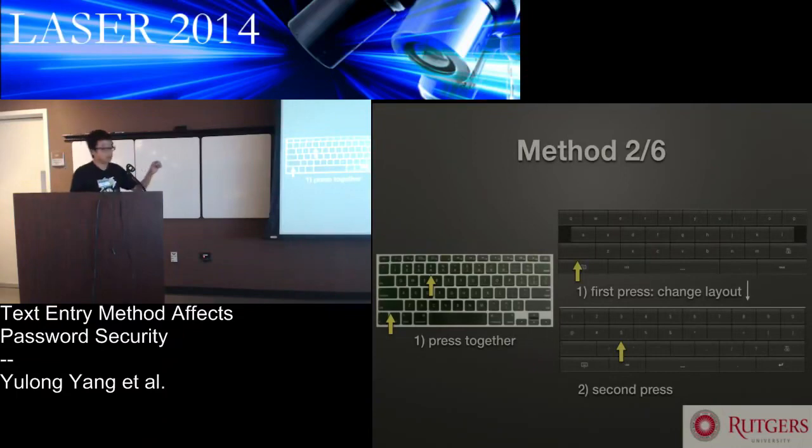The example would be if you want to type a dollar sign. On the laptop keyboard, all you need to do is press the Shift and the number 4 key at the same time. That would do the job.